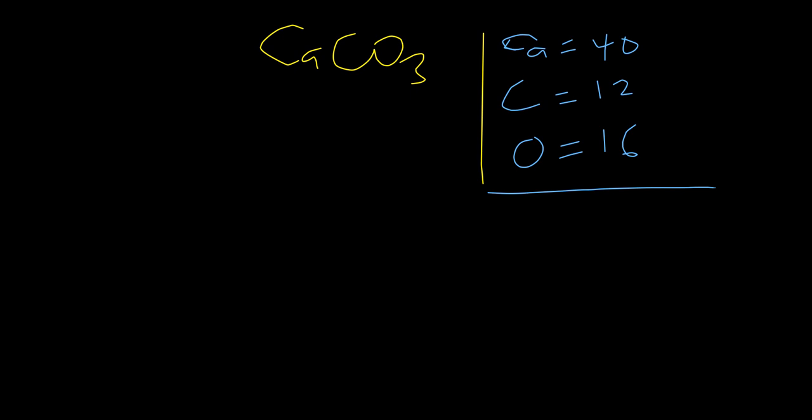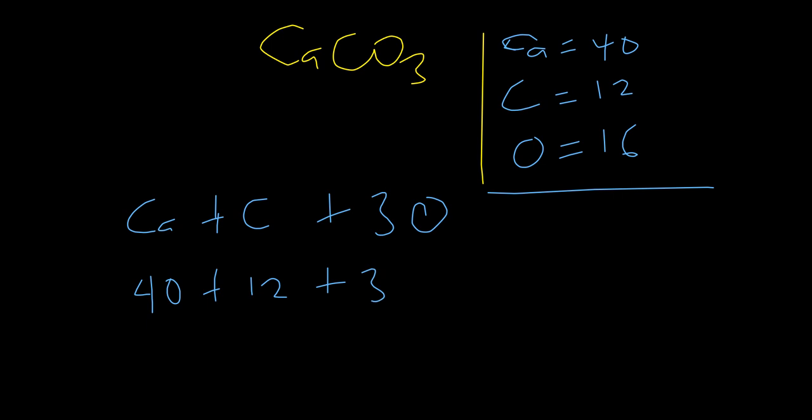We have one atom of calcium plus one atom of carbon plus three atoms of oxygen. So calcium will be 40 plus 12 plus 3 times 16. So when we add these numbers together, we get 100.